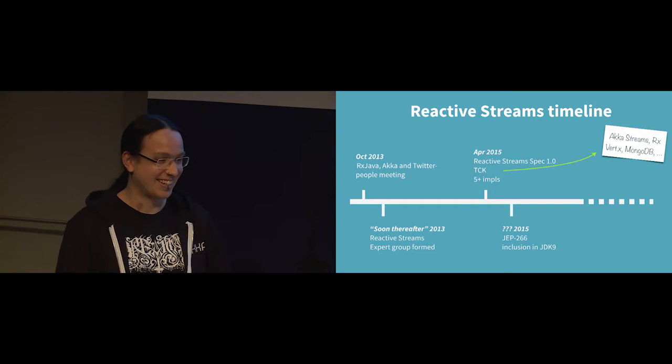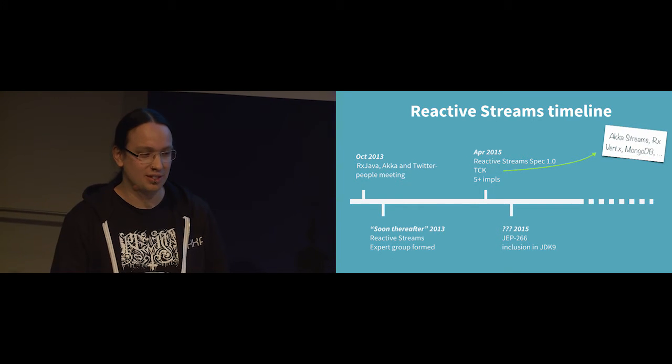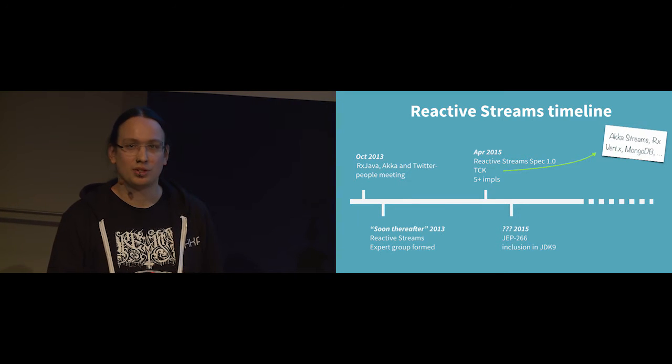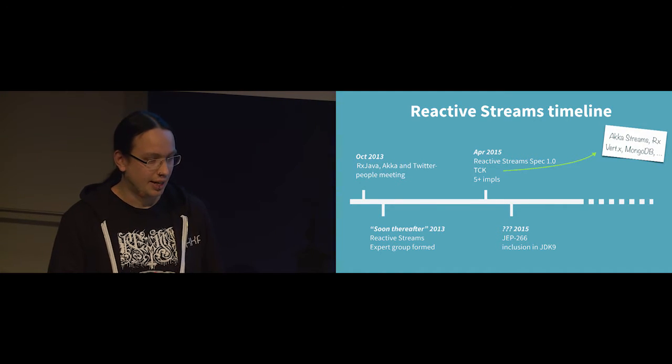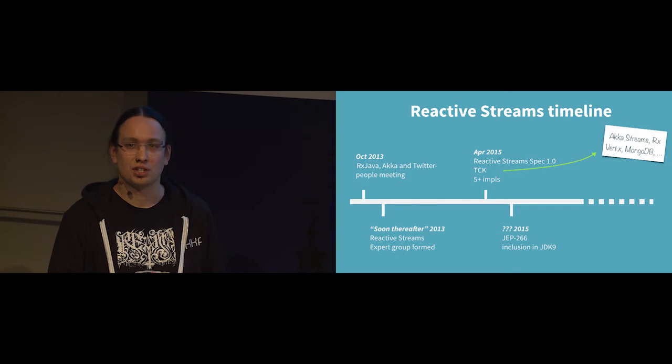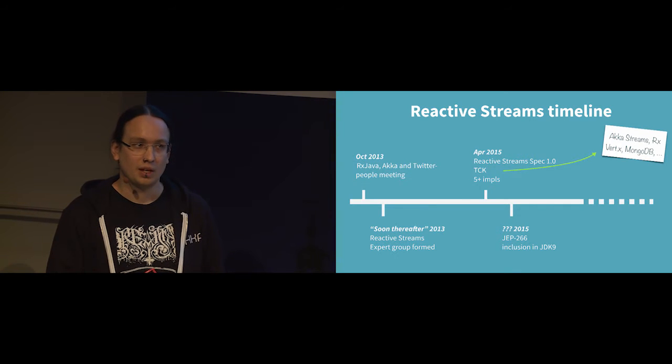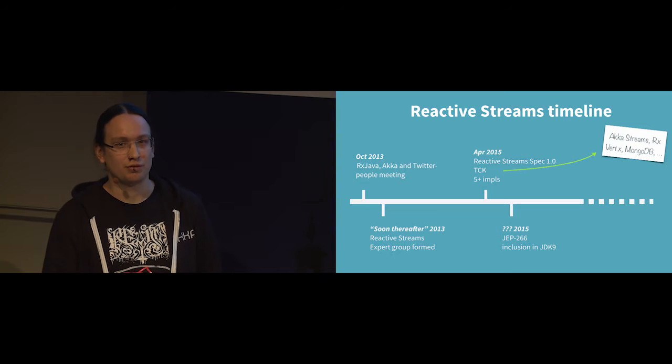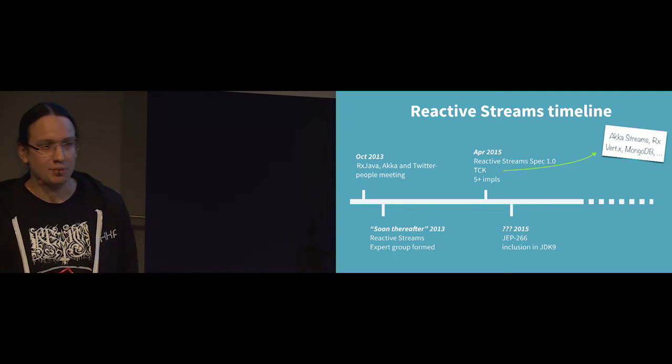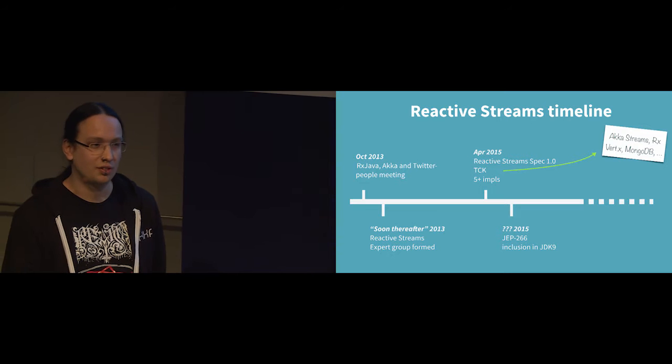who was, at that time, involved in Rx, though I'm not sure he's involved anymore. They were doing training materials on Coursera, Scala training materials on Reactive, and they ended up in a discussion about asynchronous streaming of data. We had some needs inside of Lightbend that we had solved in different ways.